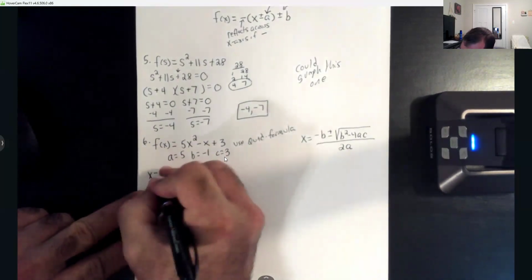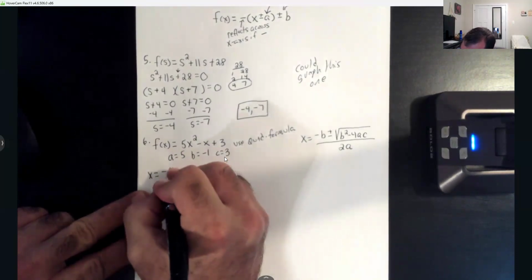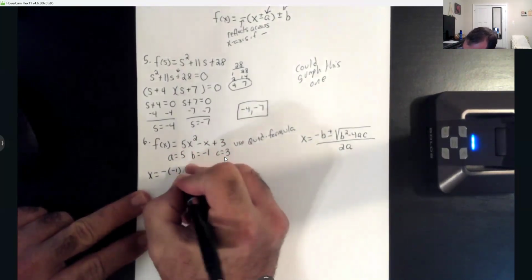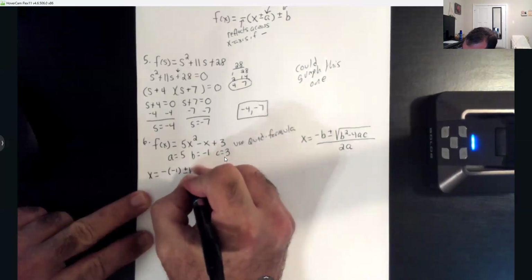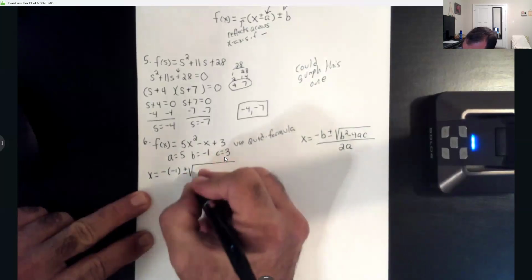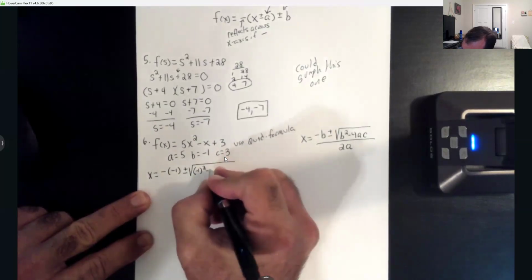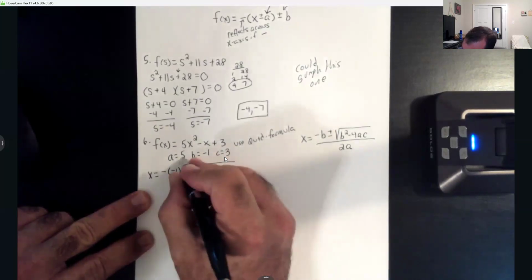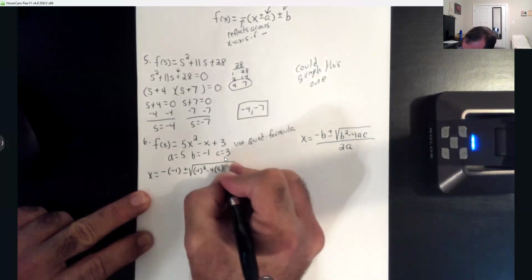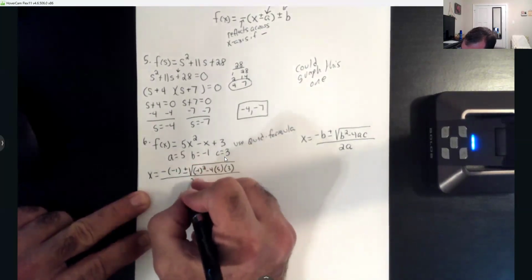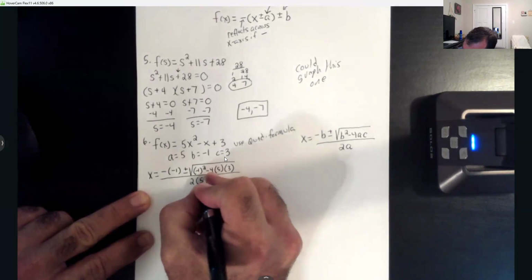So x will equal negative times my B, which is -1, plus or minus the square root of -1 squared minus 4 times A, which is 5, and C, which is 3, all over 2 times my A, which is 5.